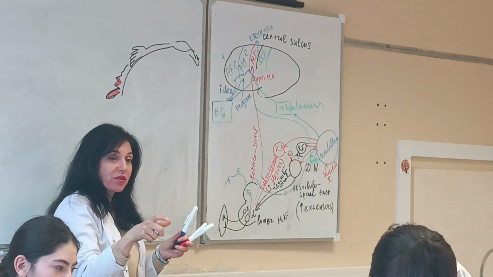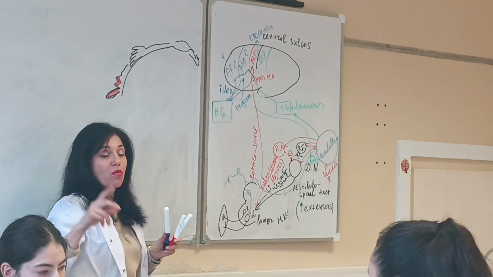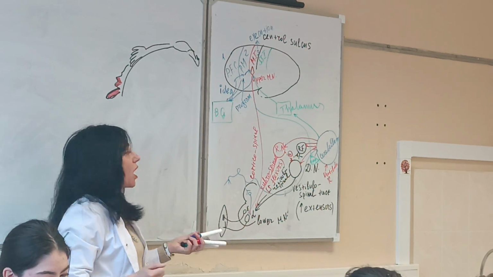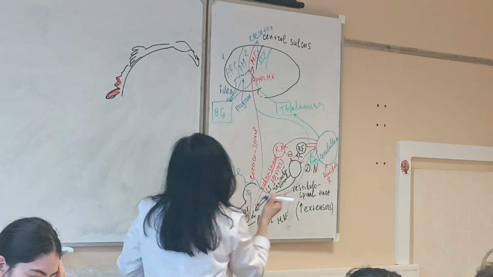It's a principal difference between the cerebellum and basal ganglia: the cerebellum controls equally the motor cortex and brainstem nuclei, while the basal ganglia control mostly the motor cortex.